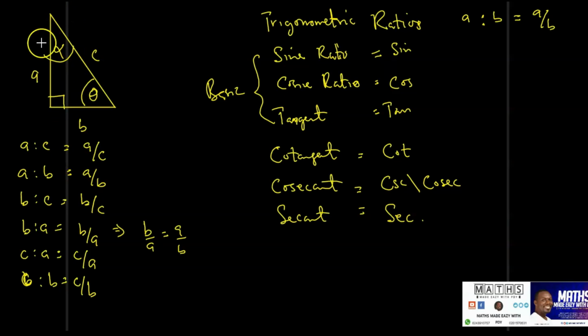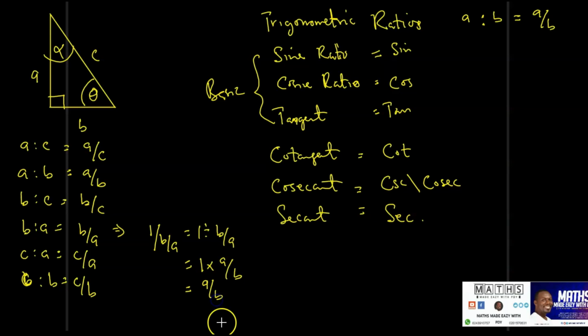How did I get it? Watch. If I find 1 over B over A, which is 1 divided by B over A, going further, it becomes 1 times A over B. So that is going to give us A over B. I hope it makes sense.